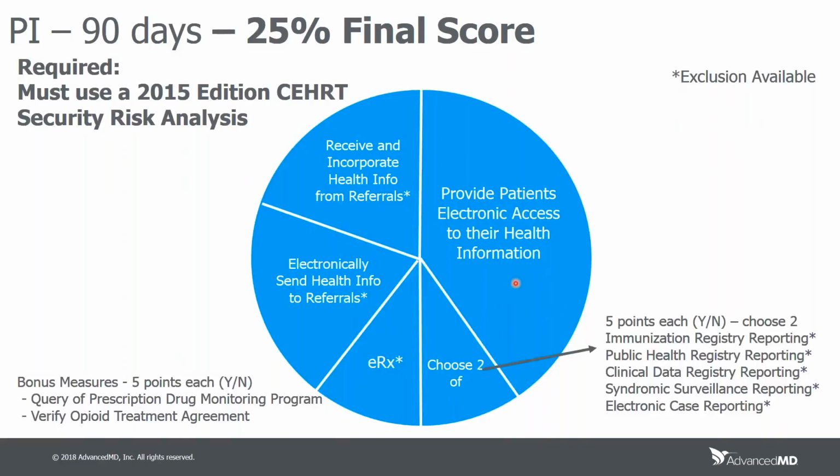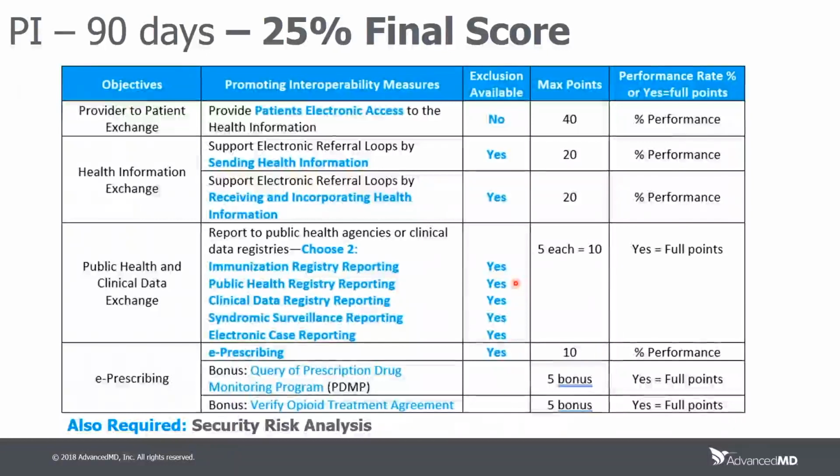So let's look at a couple of details more with this next slide. So there's basically the goals of promoting interoperability. Remember, there's your provider to patient. How is the information being exchanged there? Your health information exchange. How are providers talking to each other?